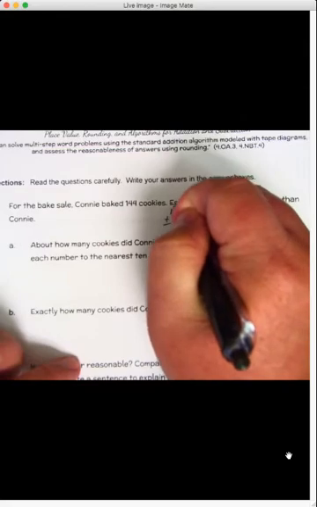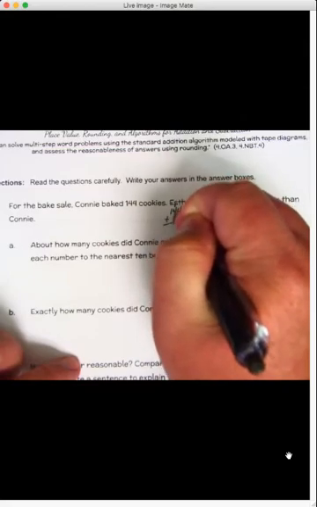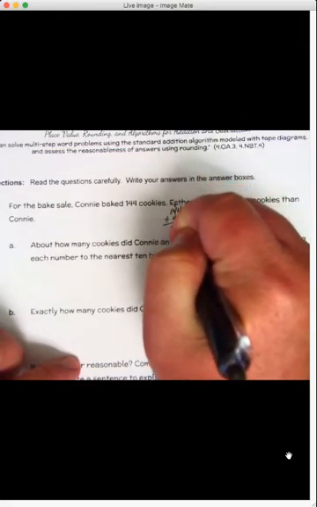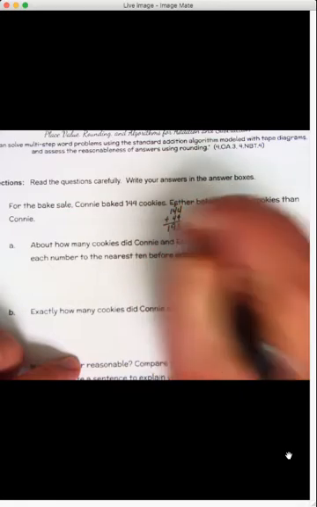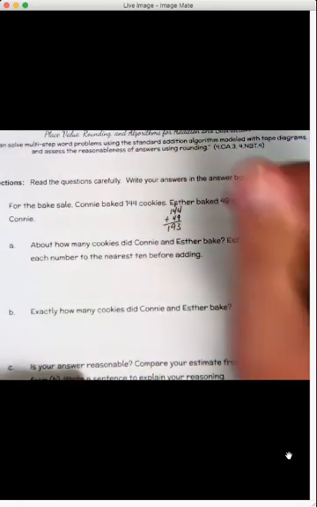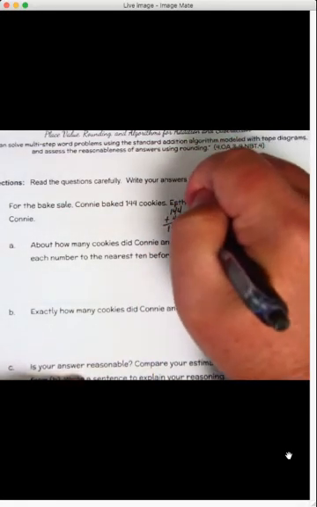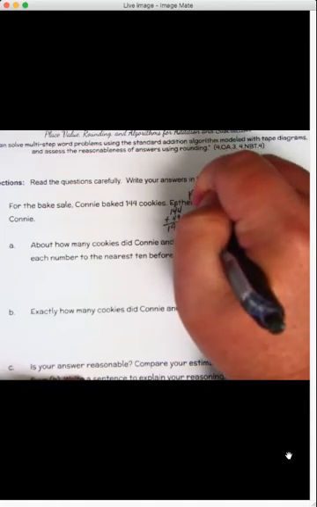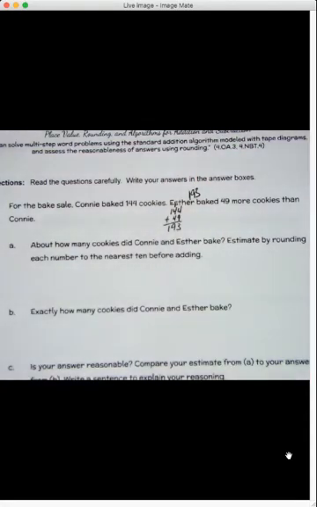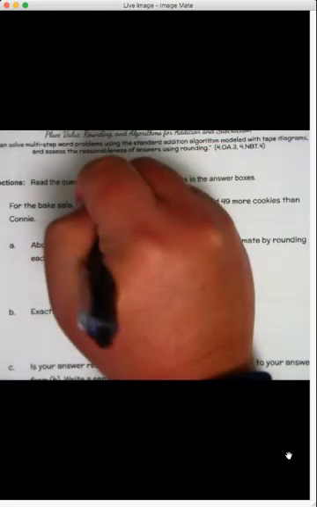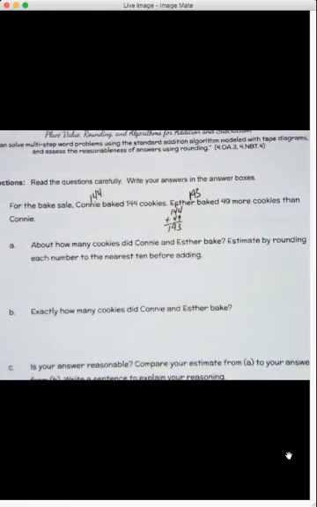Put our 3 down, carry our 1. 1 plus 4 is 5. Plus 4 is 9. And 1 plus nothing is 1. So Esther, I'm just going to write it up here. She baked 193. Connie baked 144. All right. But that's not what it asks us to find. That's what's tricky about these problems.